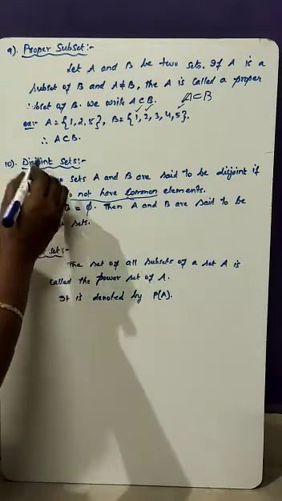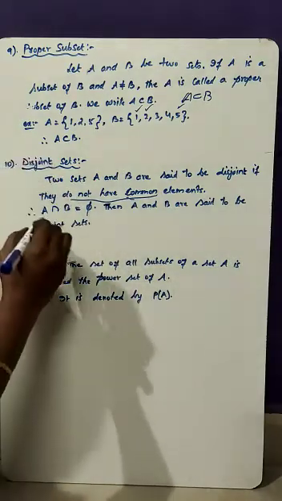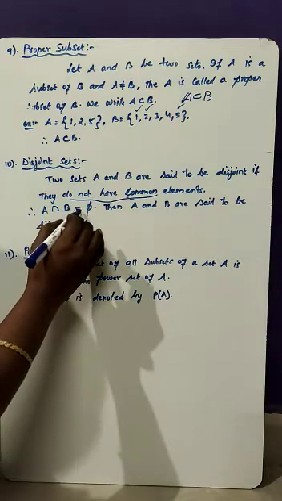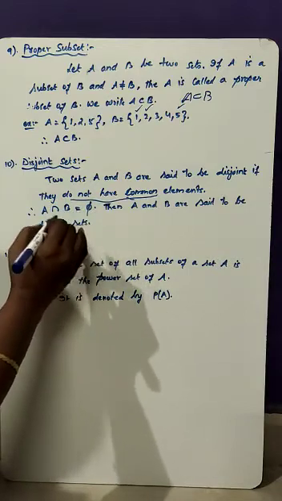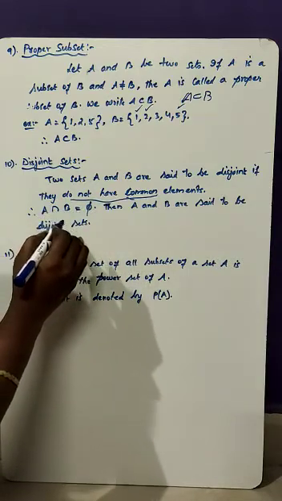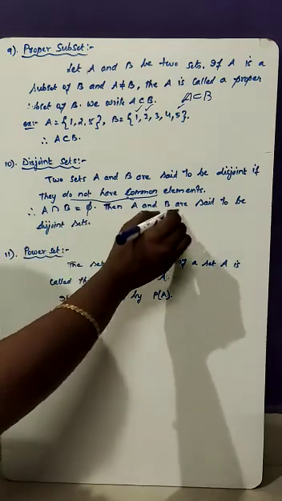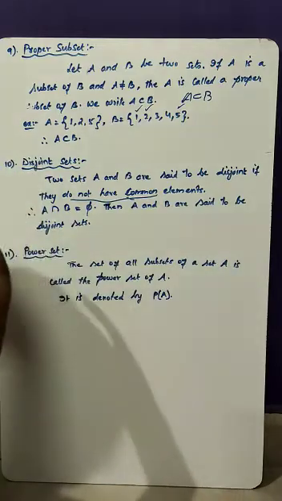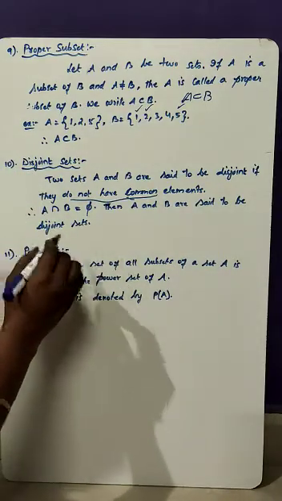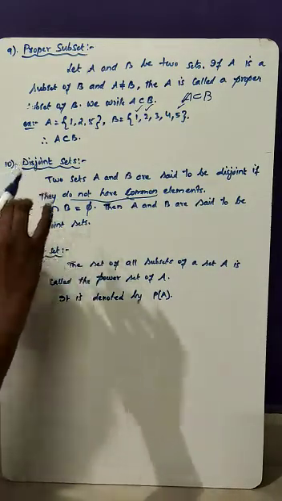That means A intersection B is equal to the null set. Intersection means common elements. So if A intersection B is equal to the null set, then A and B are said to be disjoint sets.